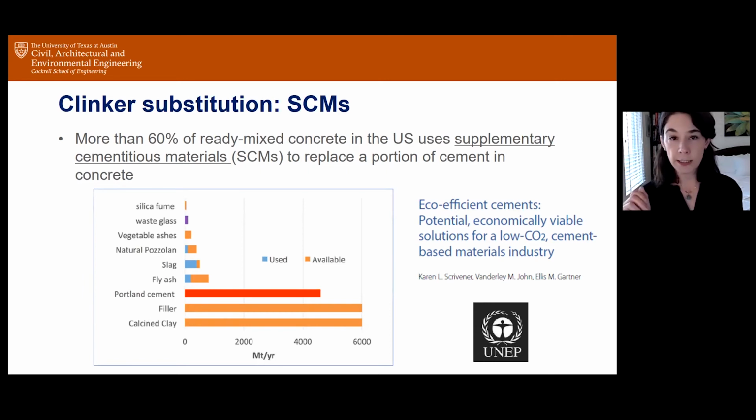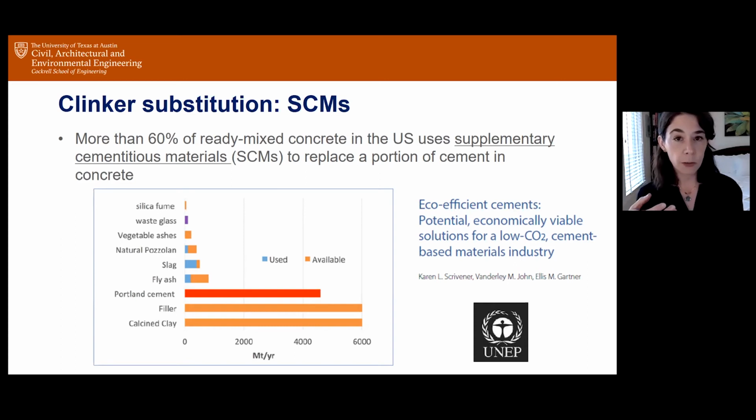This is widely done already in the US, but if you look at the bullet item up there, more than 60% of concrete in the US uses it. We can increase that number to 100%. That's relatively straightforward. That's completely low-hanging fruit. There's research efforts funded to try to make that process predictable and efficient and to try to explore some of these newer sources of materials that we can exploit.